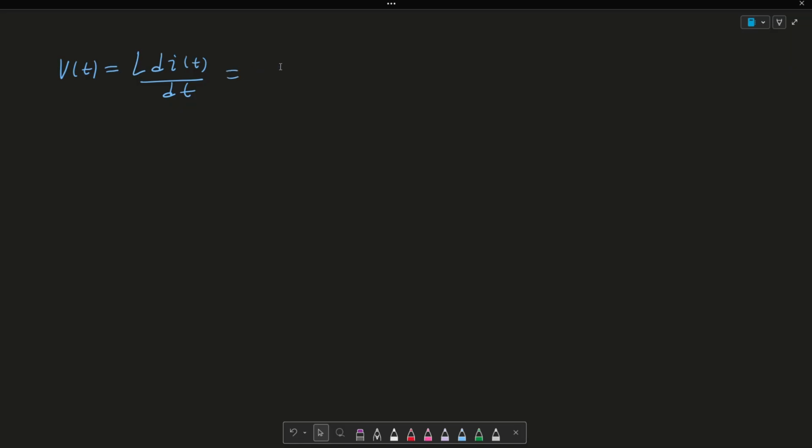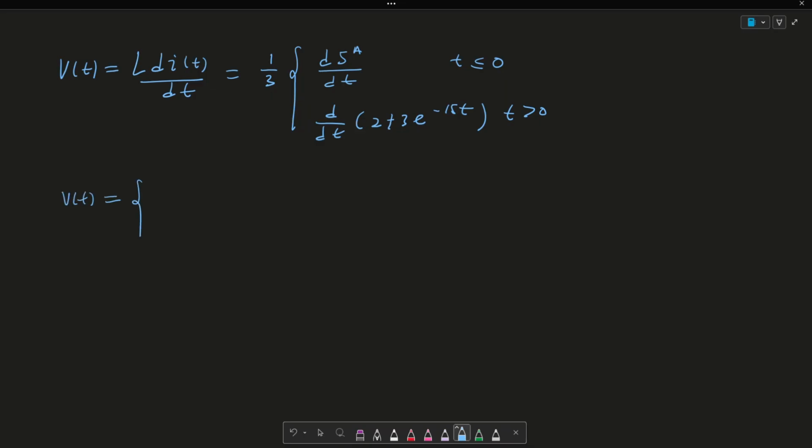So for our situation, our inductance is 1/3 henries, and we have that our change in current is going to be d(5 amps)/dt for t less than or equal to 0, and d/dt of (2 + 3e^(-15t)) for t greater than 0. So then we can rewrite v of t as this.